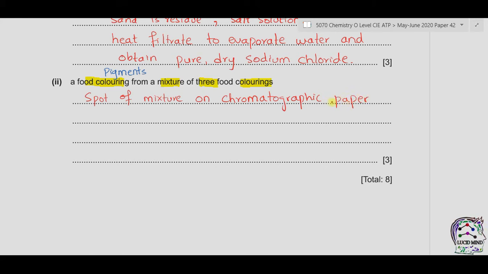In the next step, we are going to put this chromatographic paper in solvent in such a way that the solvent level should be below the spot level. So we can write, take solvent in a beaker, and put this paper in that solvent in such a way that the spot is above the solvent level.